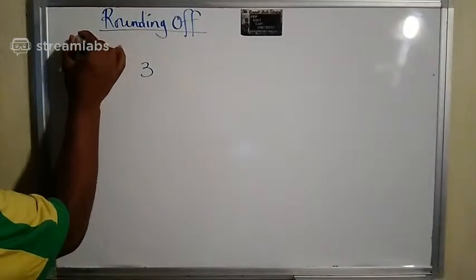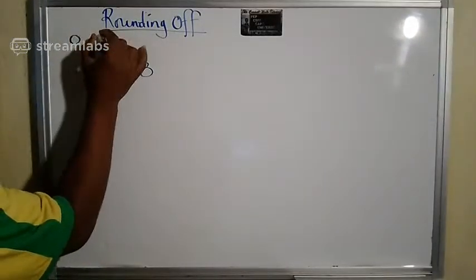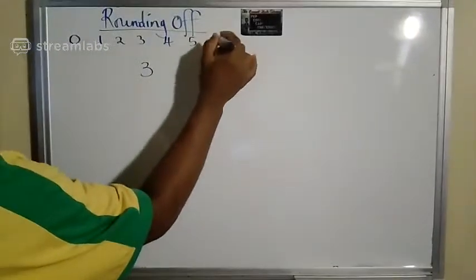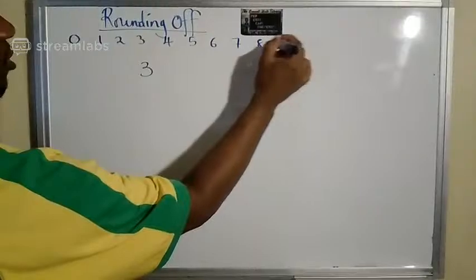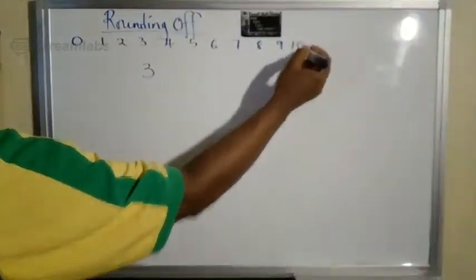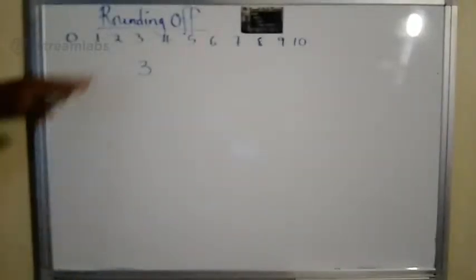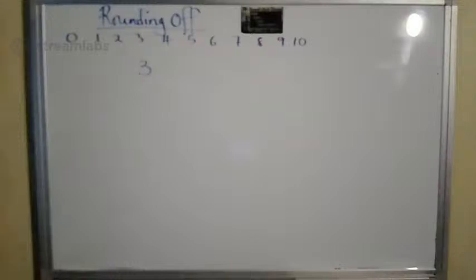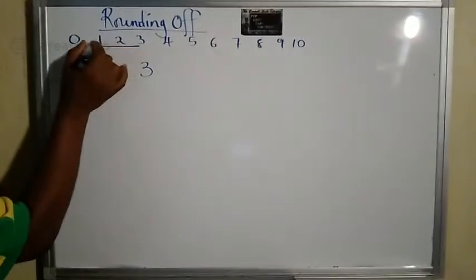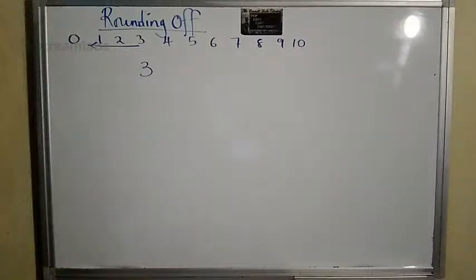Alright, so in between you have 1, 2, 3, 5, 6, 7, 9, 10. Is 3 nearer to 0 or to 10? 0. So that's what rounding off is basically. It's like the nearest one. That's all the first about.